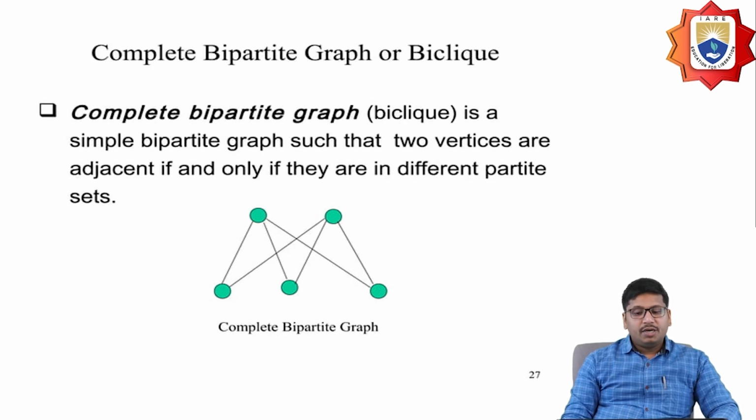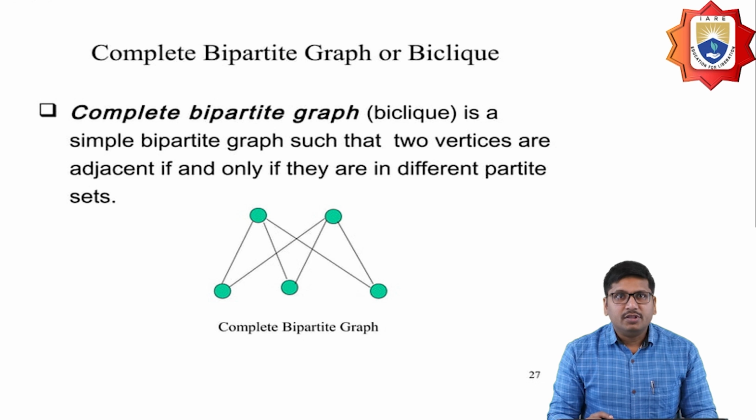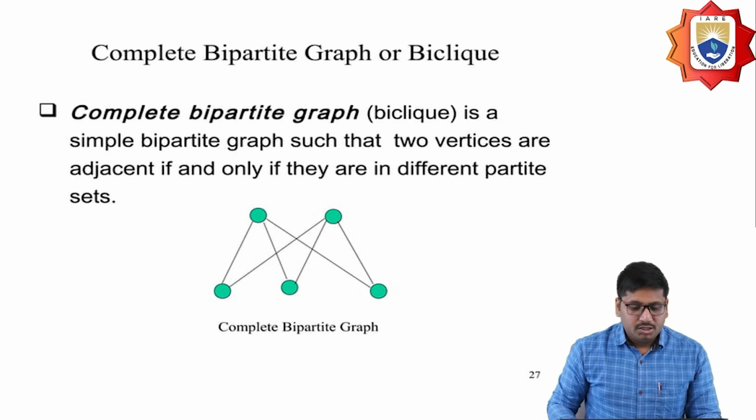And a complete bipartite graph is a simple bipartite graph such that two vertices are adjacent if and only if they are in different sets. So the two vertices are adjacent if and only if they are in different partite sets.